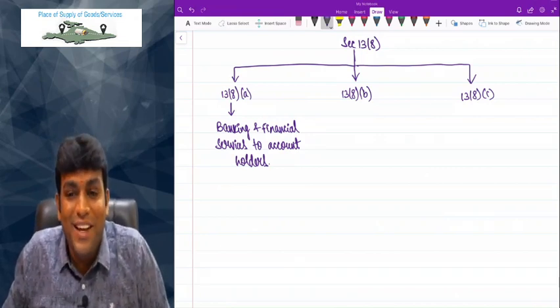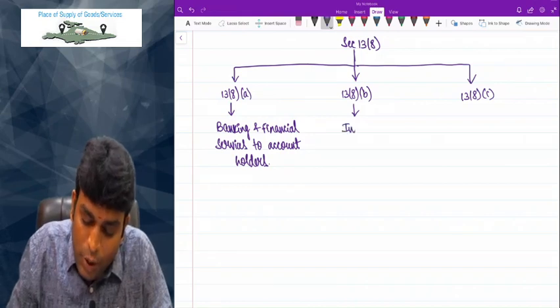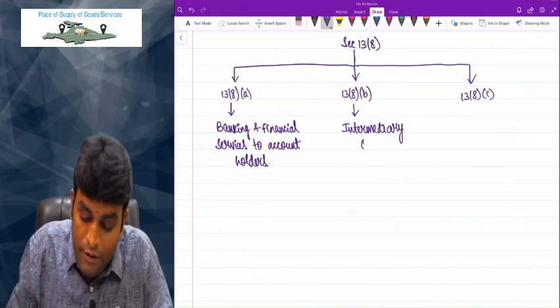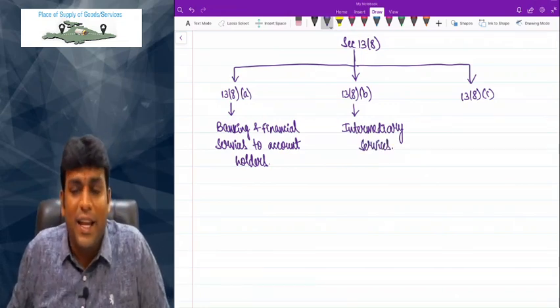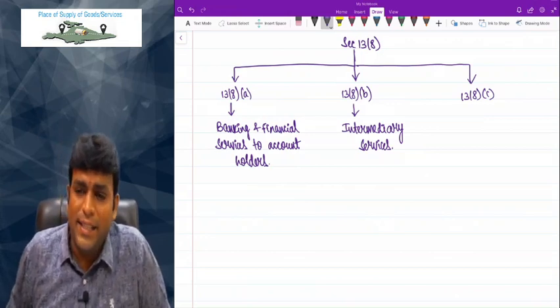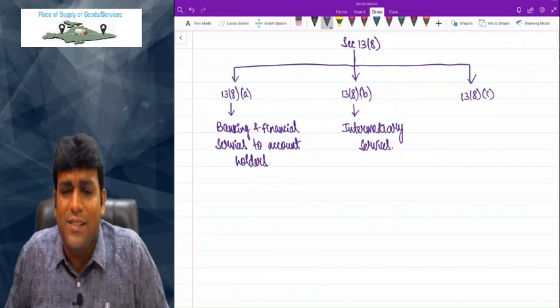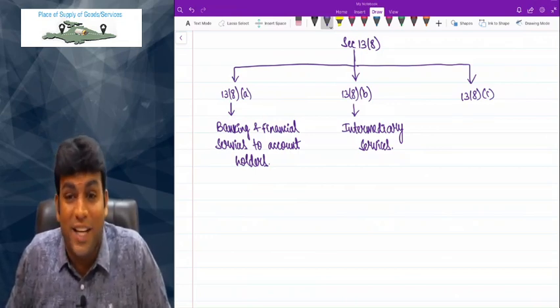Account holders. 13.8B talks about intermediary services. Friends, whenever I use the word intermediary services, intermediary means acting as an agent, or acting as a facilitator. Some of them locally call it brokerage, broker activity, whatever you call it, intermediary services.